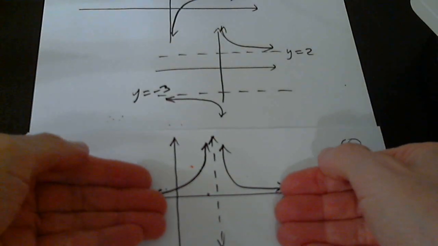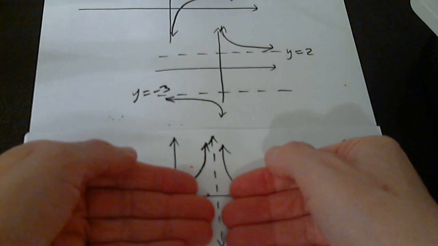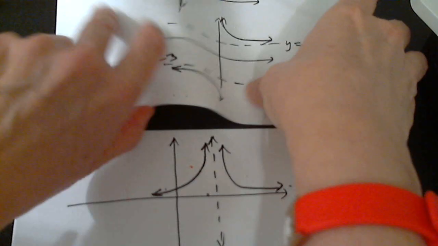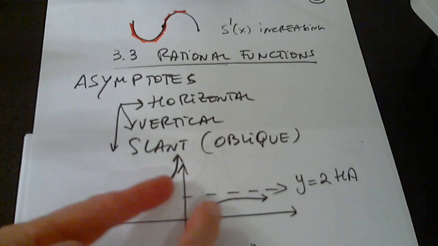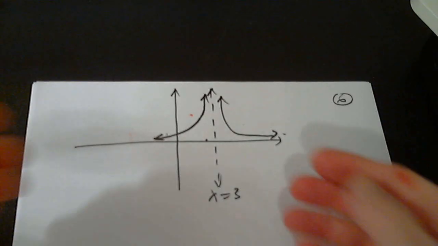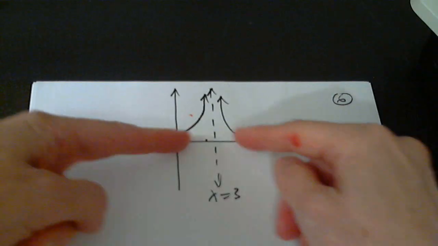This is a vertical asymptote. How do I determine it? By finding the limits as x approaches 3 from either side. Here, I have to find the limits at infinity for the horizontal, but for the vertical, I have to find the limits as x approaches 3, in this case, from either side.